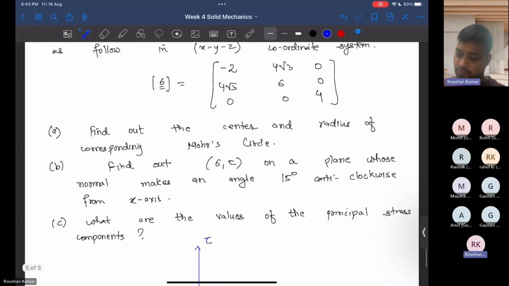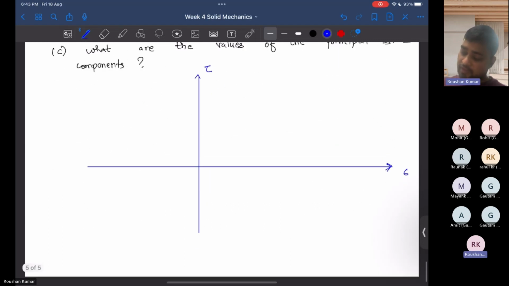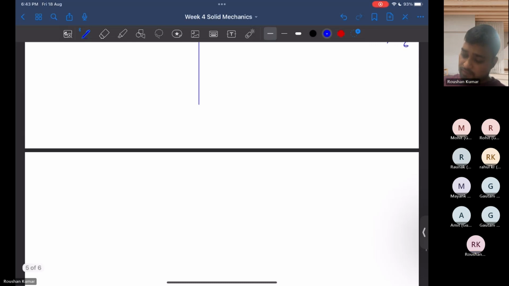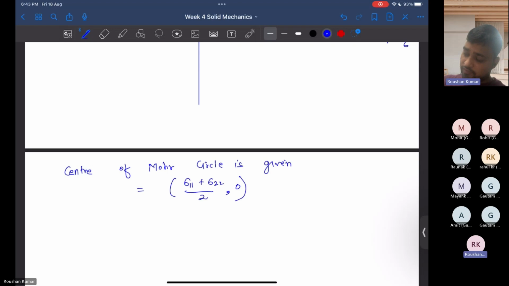As we know, the center of the Mohr circle is given by (sigma 11 plus sigma 22) upon 2, comma 0.